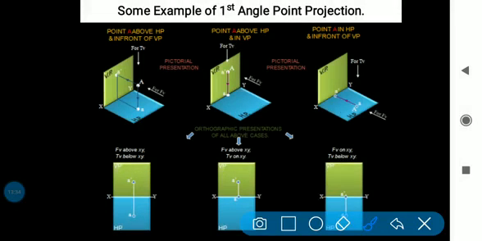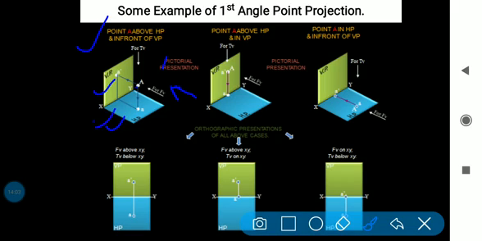The first example: the point A is above the horizontal plane and in front of the vertical plane. That means this point is in the first coordinate. From the front side we get the front view on the vertical plane, and from the top side we get the top view on the horizontal plane.